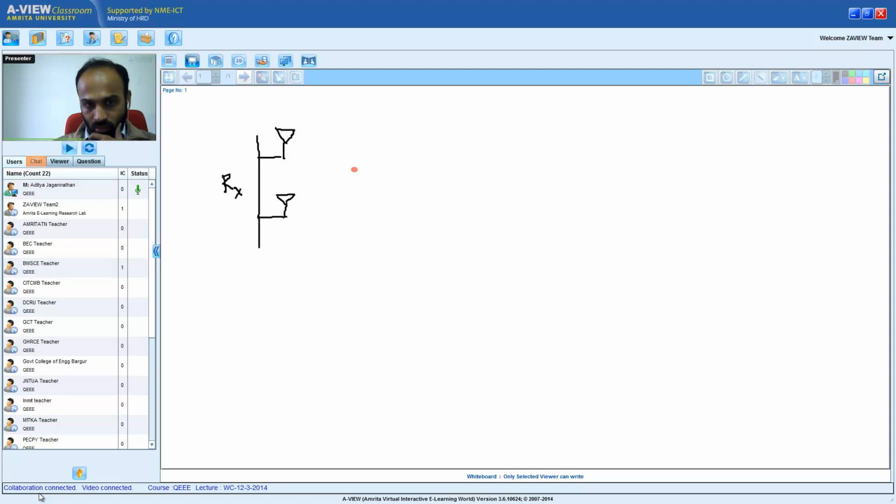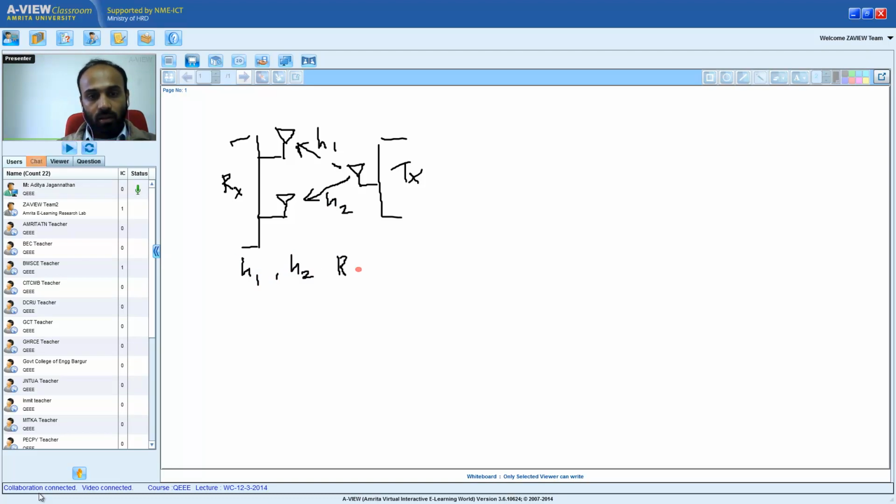This is the receiver, this is the transmitter, and H1 is the channel coefficient, H2 is the channel coefficient between the transmit antenna and receive antenna 2, right? And H1 and H2 are Rayleigh fading coefficients, and they are independent, right?